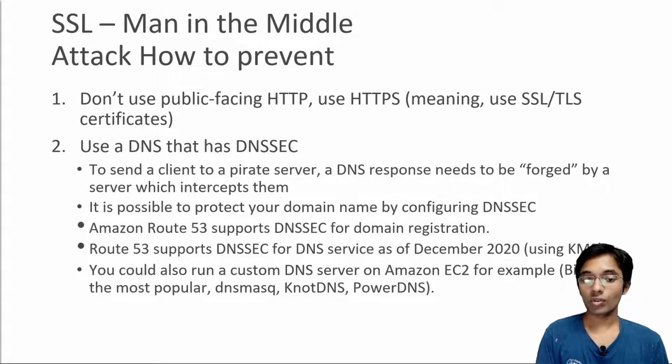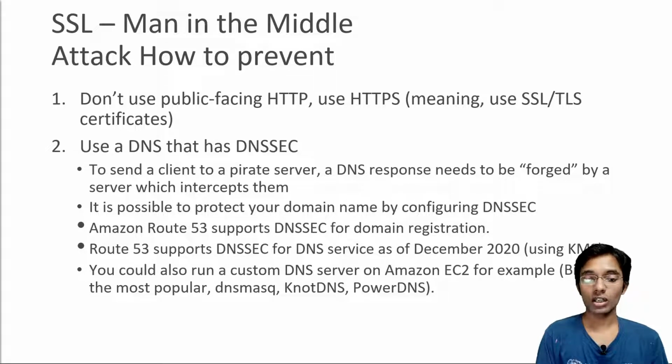Amazon Route 53 supports DNSSEC for domain registration, and as of December 2020, it also supports DNSSEC for DNS service itself using KMS, Key Management Service. So both domain registration and the DNS service are now DNSSEC compliant on Route 53.